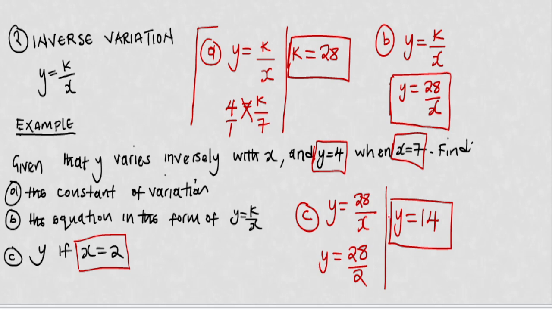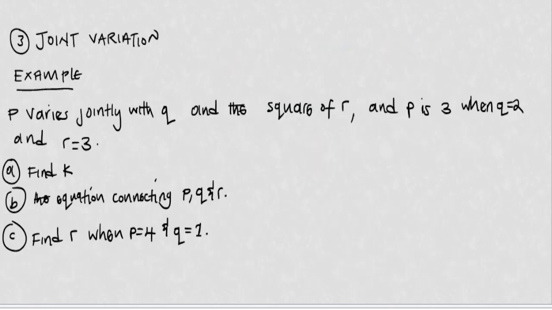So that is how best we can go about questions on inverse variation. We're going to proceed to look at what a partial variation is, or joint variation, and some examples. A joint variation is a type of variation where we are dealing with more than two variables.